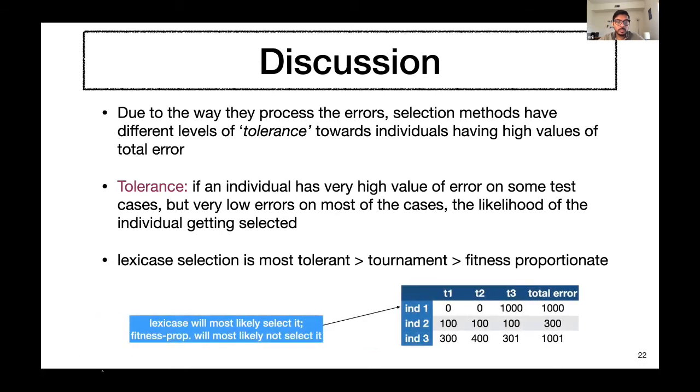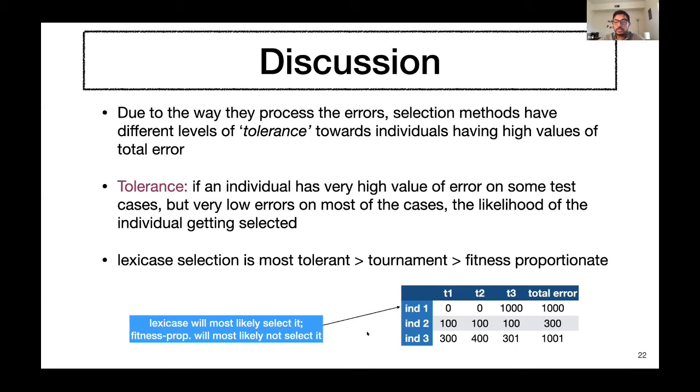So consider this another simple toy example. There are 3 test cases, T1, T2, and T3, and 3 individuals. Individual 1 seems to be the most desirable because it has 0 error in most test cases. Lexical Selection will most likely select it, that is, if T1 or T2 comes first in the order of test cases.